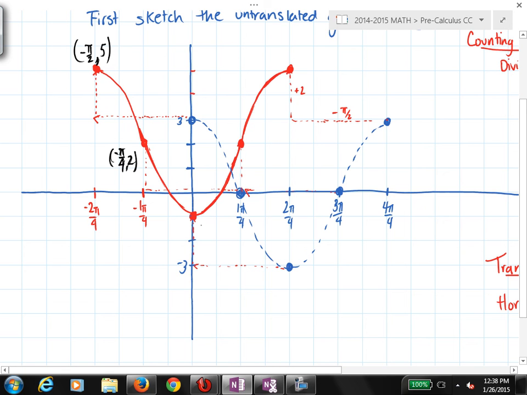What are the coordinates at this minimum key point? What's this mark? Negative 1. And then this one down here is going to be 1 pi over 4, or just pi over 4, comma 2. And then this last one is 2 pi over 4, but I'm going to reduce that to pi over 2, comma 5.